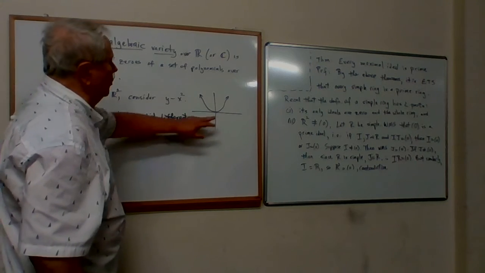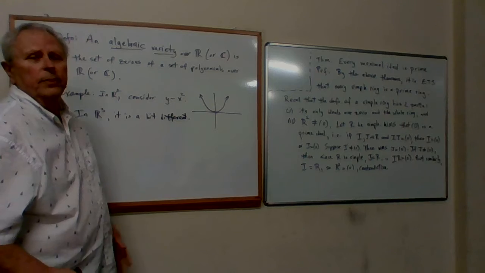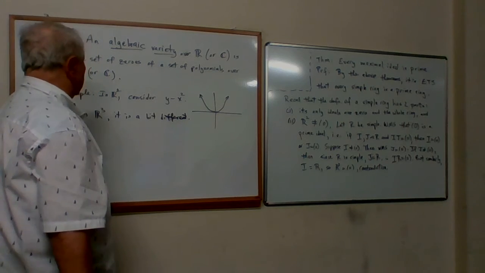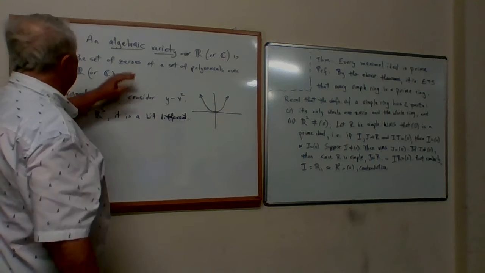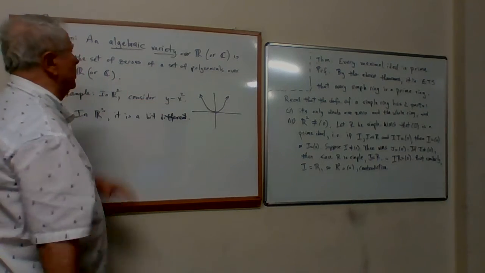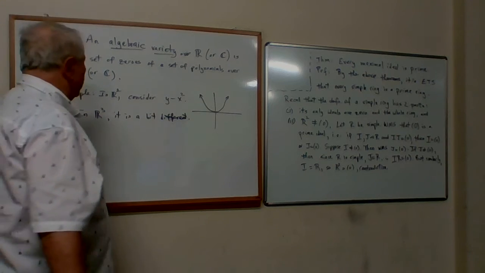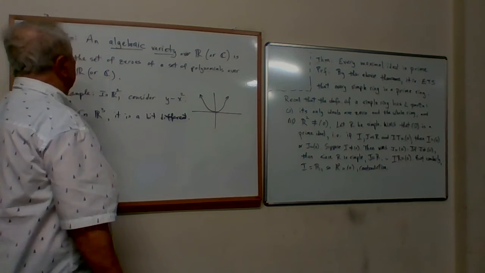Because what happens in R3 is you're taking this graph and you're kind of projecting it forward. And that beautiful picture is in your notes. This is only the set of zeros of one polynomial, and that's easy to graph. Even in R3, with a computer, it's easy to graph.